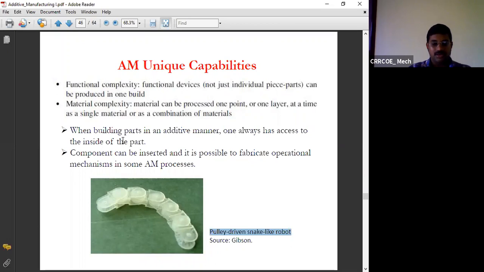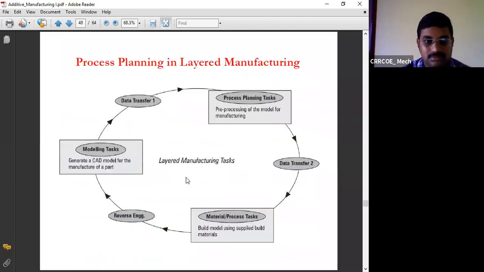If you want any modification, you can vary the CAD model itself. Components can be inserted and it is possible to fabricate operational mechanisms in some AM processes. So this is process planning in layer manufacturing. Layer manufacturing is nothing but ready-to-manufacture process planning. So how is the data transferred at different levels.